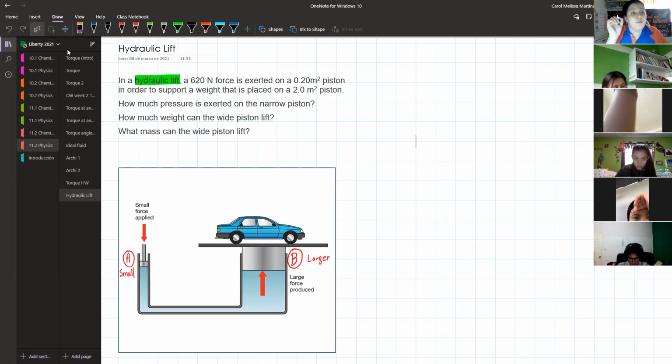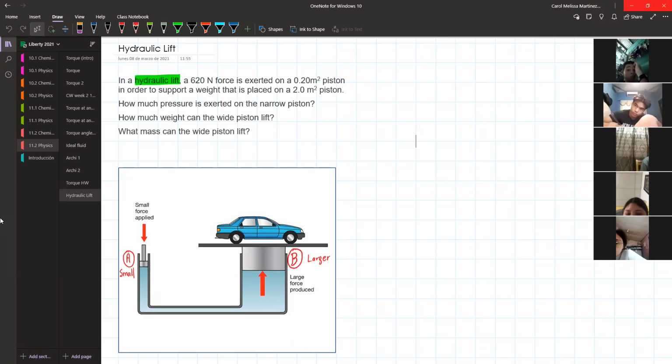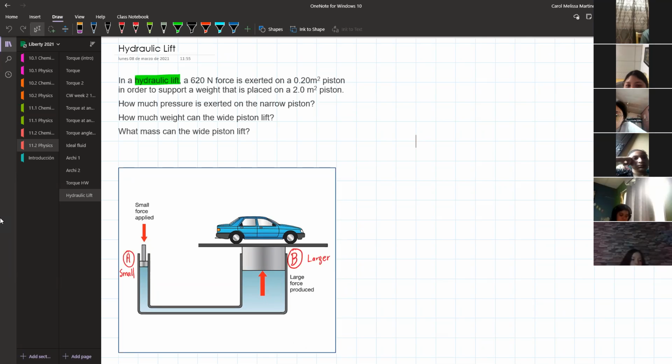Now, I will organize all the information possible right here in the hydraulic lift. What do I know about this small area? What information can I put there? The problem tells you that a force of 620 Newton is exerted on the 0.2 square meter piston.